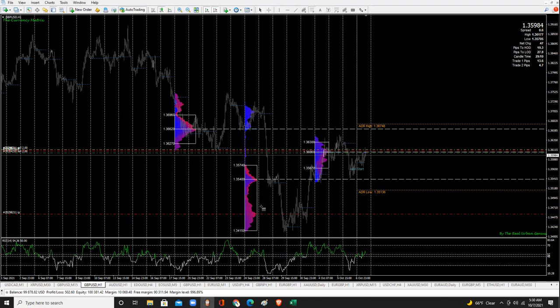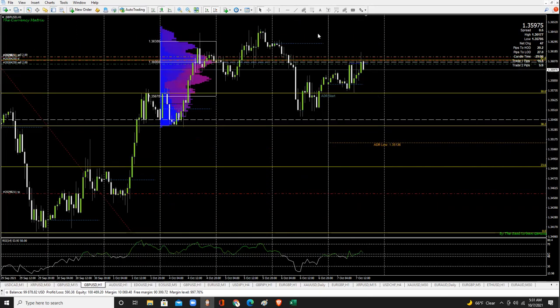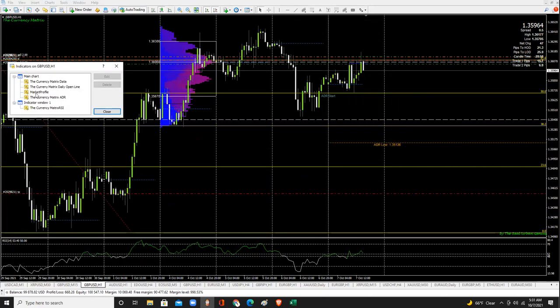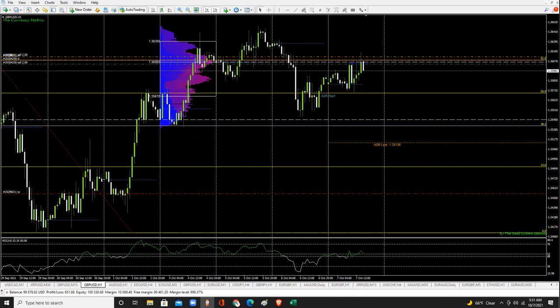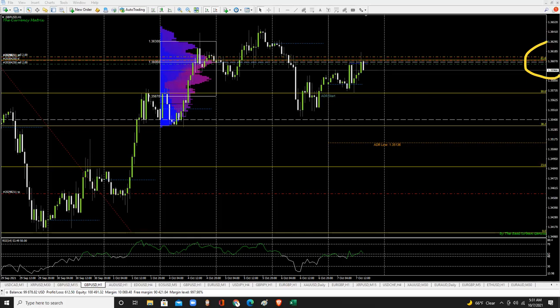If I pull out my Fibonacci from the top of this volume level to the bottom of the volume level, look at where we're at now. We're sitting right on the 61.8, which is perfect for the sell. As you see, my entry is perfect.